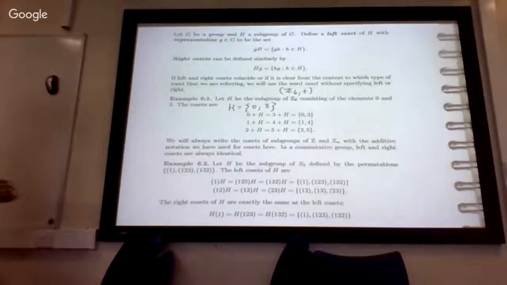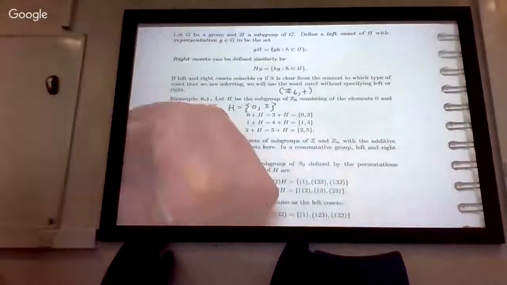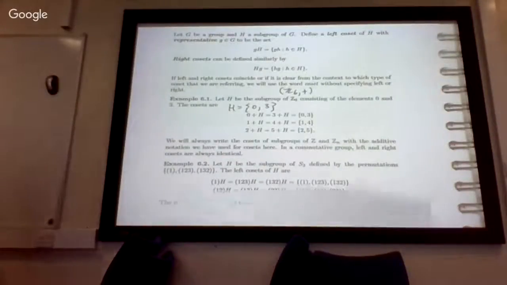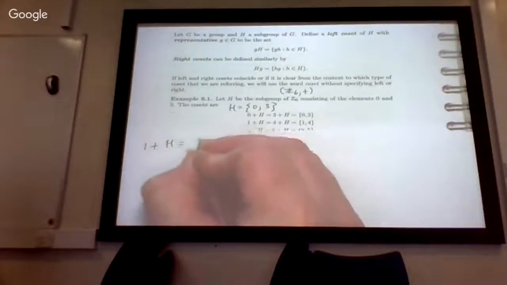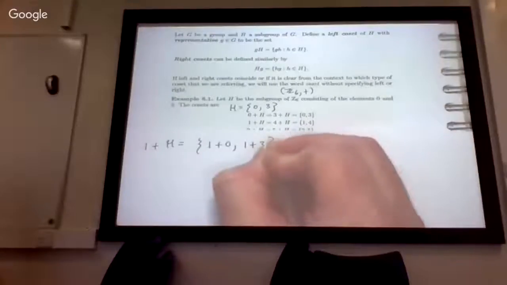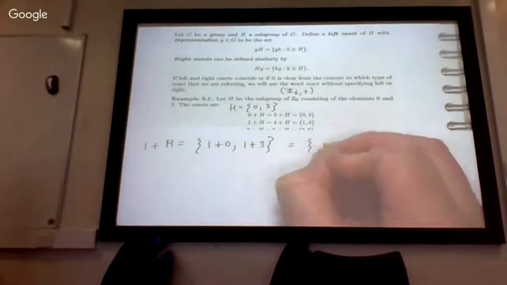Why? Well, what's 1 plus H? If you work it out, 1 plus H, by definition, is the set consisting of 1 plus 0 and 1 plus 3. Agreed? And that's the set {1, 4}.